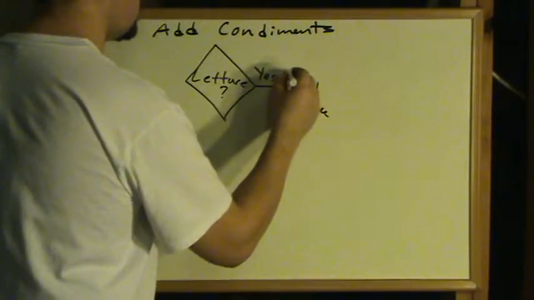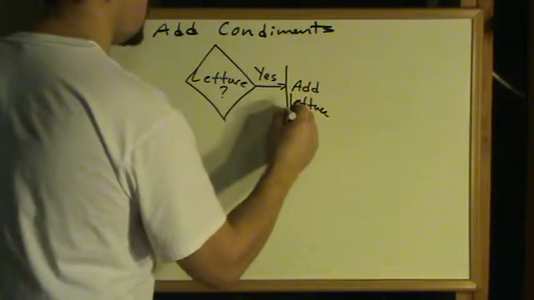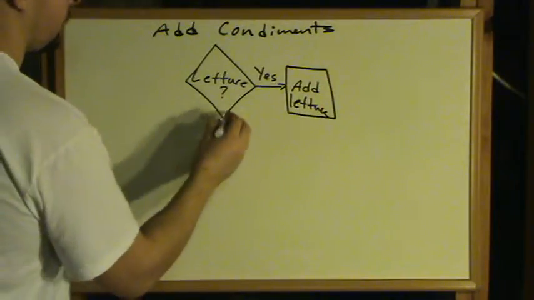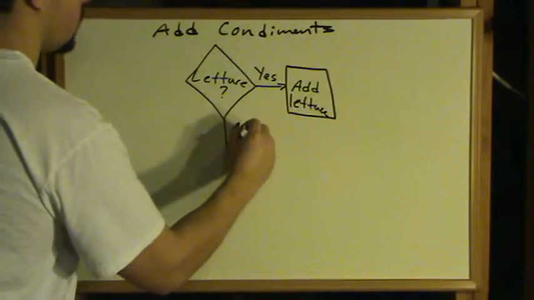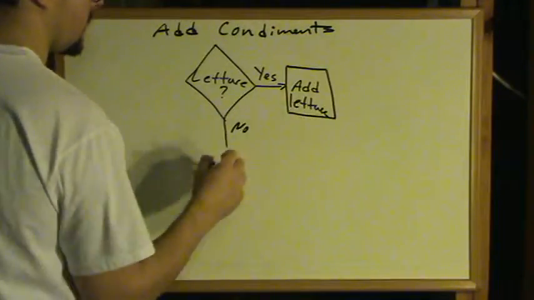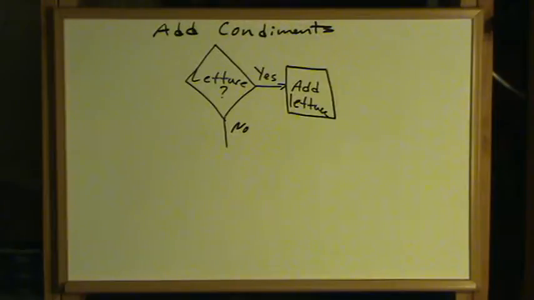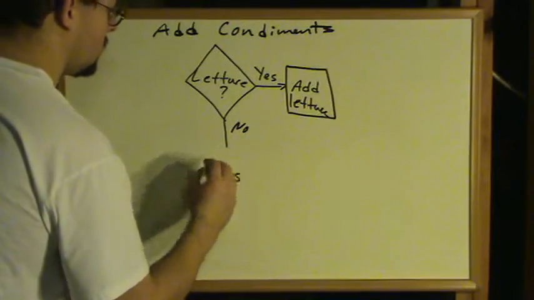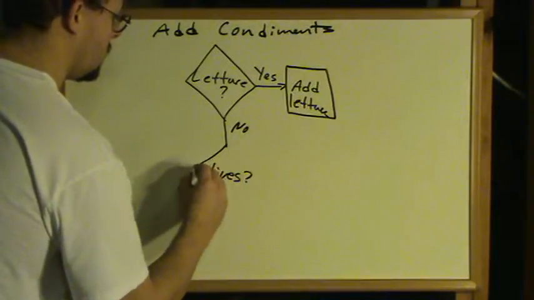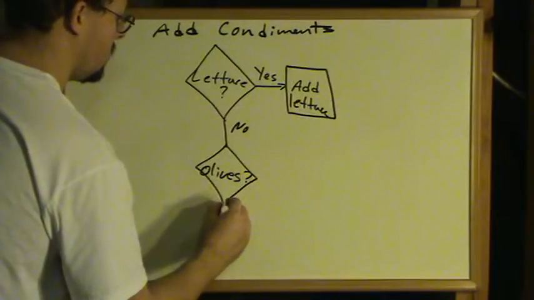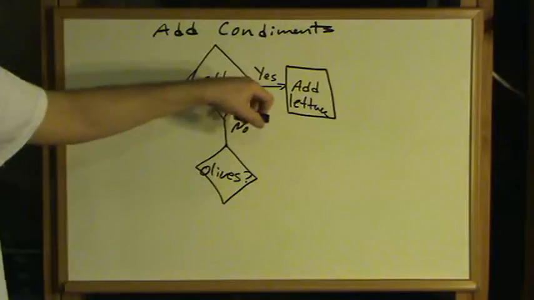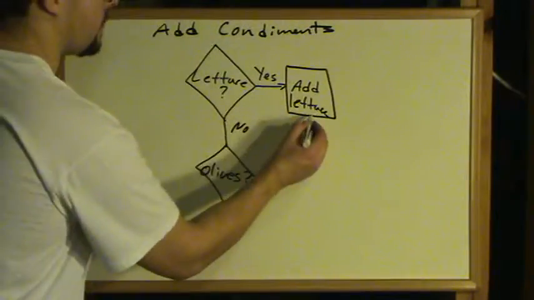We're going to discuss loops later. Let me just show you this real quick. If it's no, we skip that step, and maybe we'll ask ourselves, olives? Now, what happens from add lettuce? Whether we add lettuce or not, we're still going to ask them if they want olives.